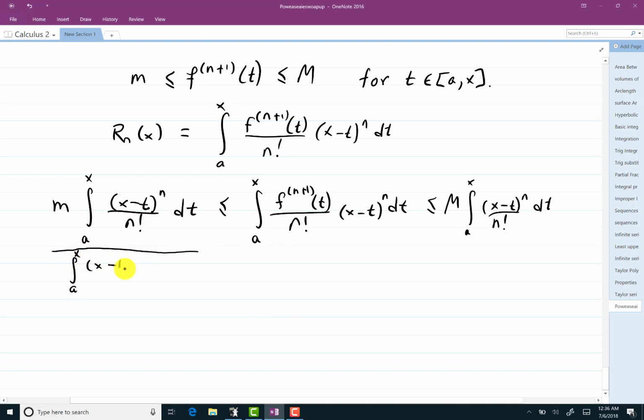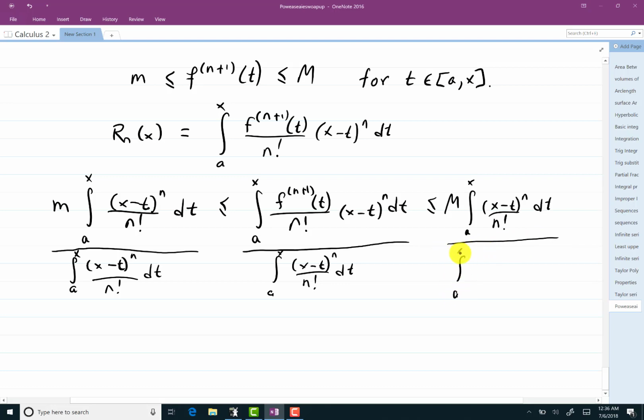So we're not assuming any kind of 0 here, and that means I can cancel these integrals on the outsides.